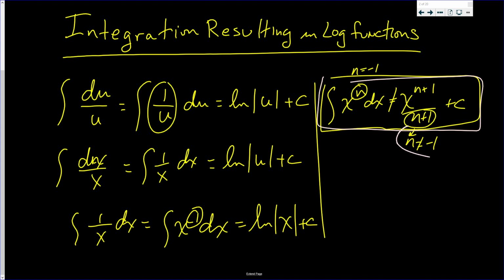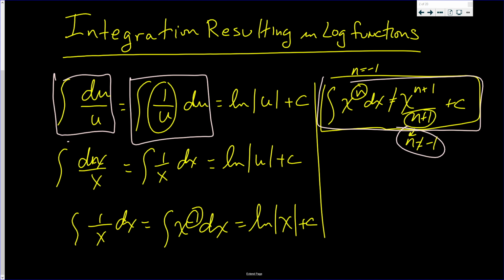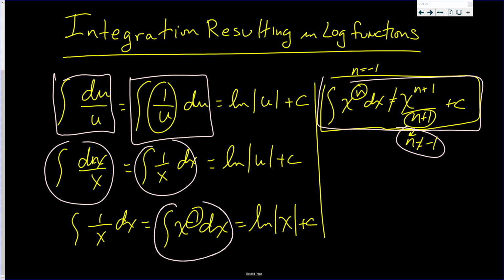n cannot be negative 1. Another thing I want to point out is, I gave one way of writing the integral, and a second way of writing an integral. I wrote it the same way using x's, but here is yet another way of writing it.